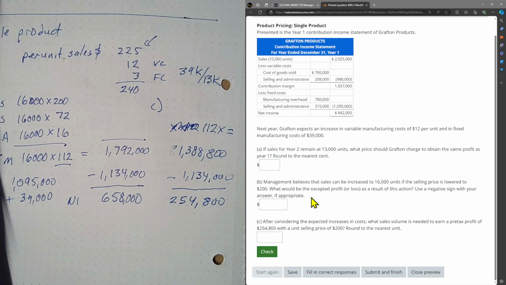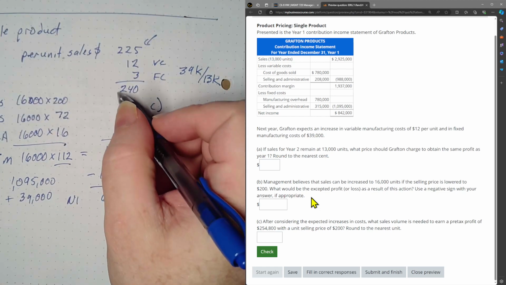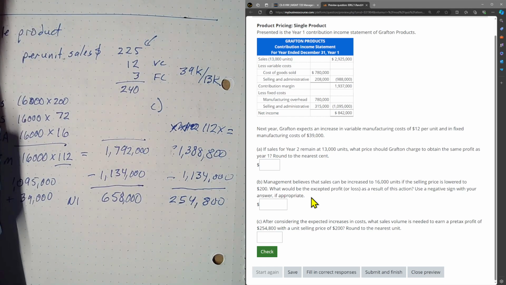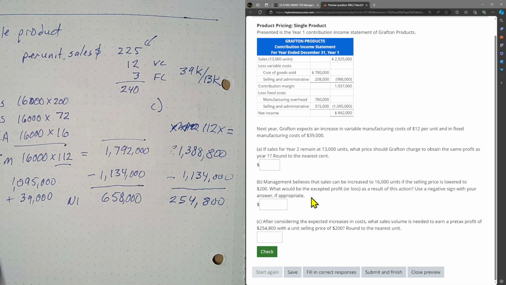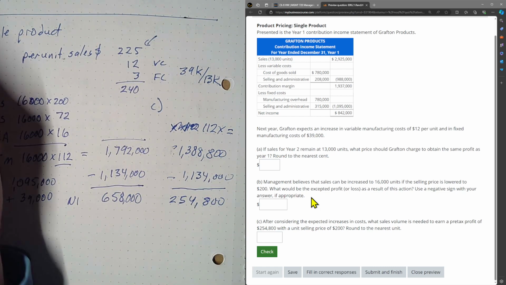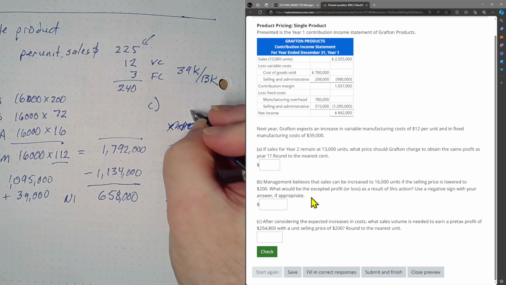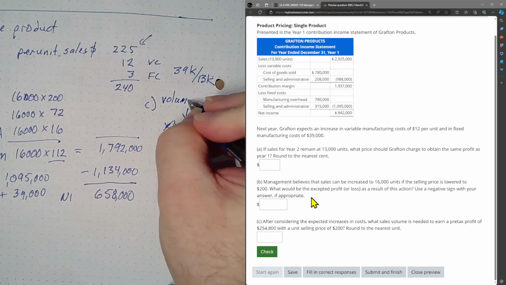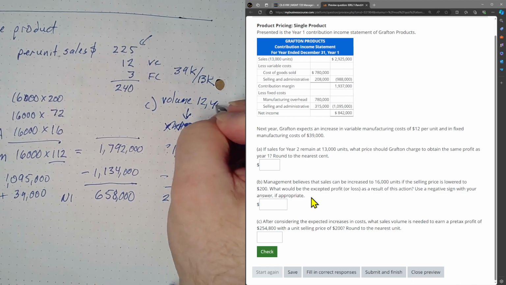So all I need to do here, rather than go through all of this extensive stuff, which might get you confused, or you might end up writing the wrong number down, is divide by 112, and that should give me a sales volume of 12,400.